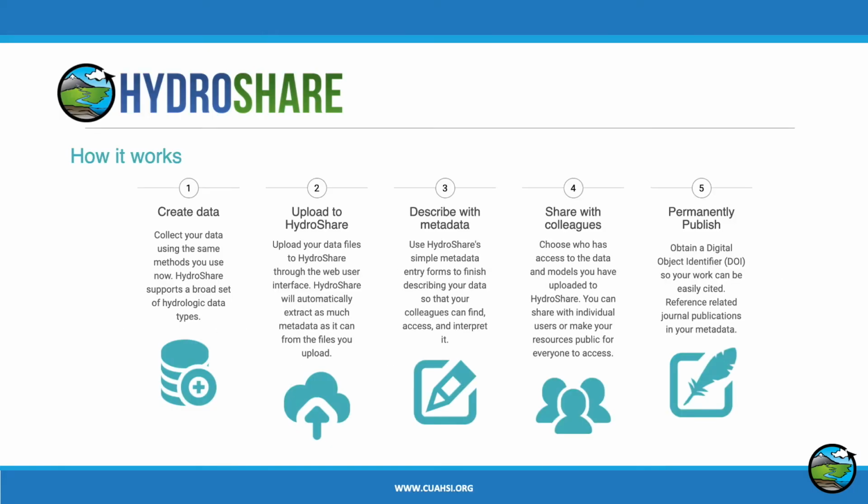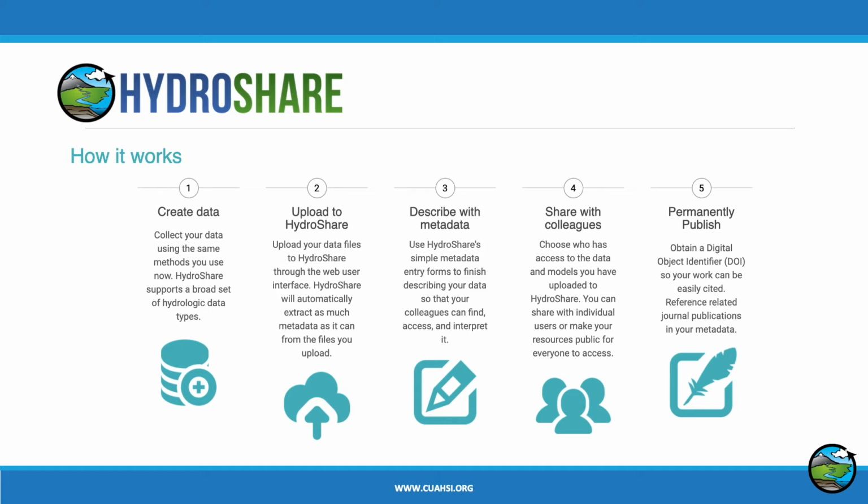HydroShare is an online collaborative data repository for sharing and publishing water science data and models. It can be used as a tool for research and publishing at any stage of the data lifecycle. There are thousands of biogeochemical, hydrologic, geographic, and other data sets that are available for immediate download with clear metadata and citation information. HydroShare was built with collaboration in mind.